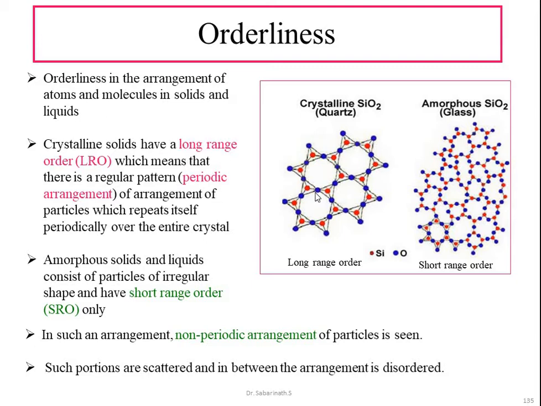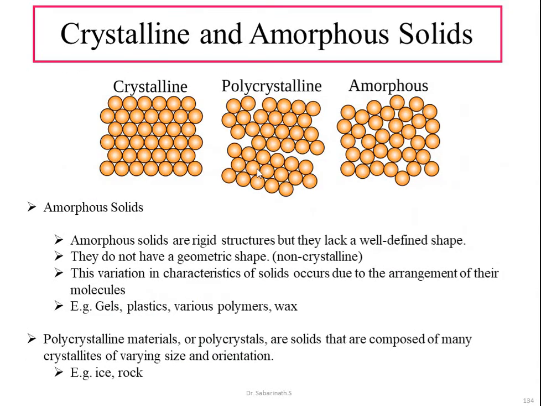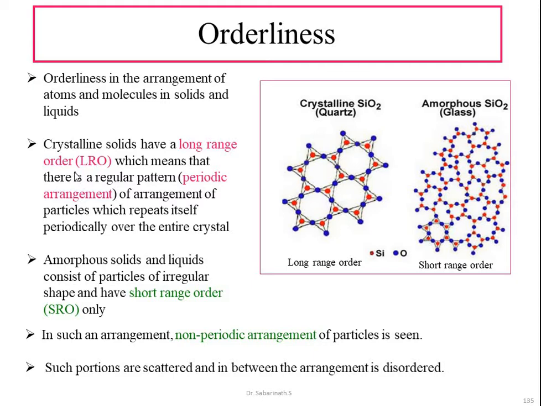Crystalline solids have a long range order, LRO for short, which means there is a regular pattern or periodic arrangement of particles which repeats itself periodically over the entire crystal. This repeating unit repeats, let's say, 1,000 or 10,000 or 1 lakh times, so it has a long range periodic arrangement.